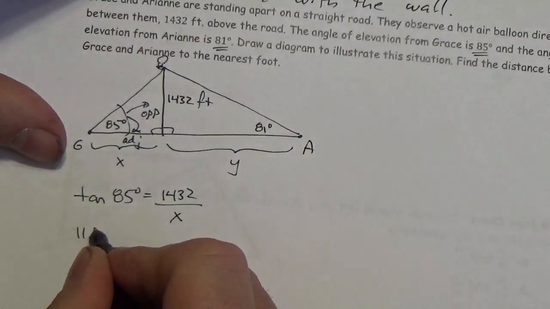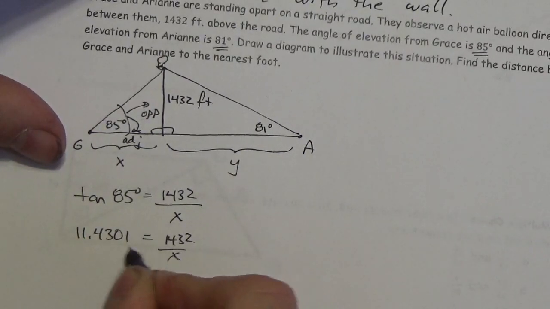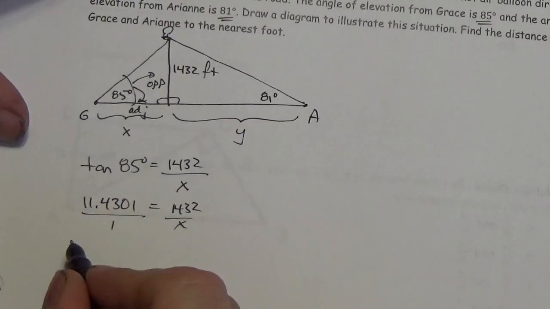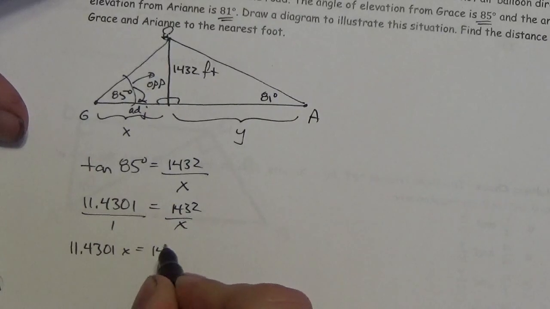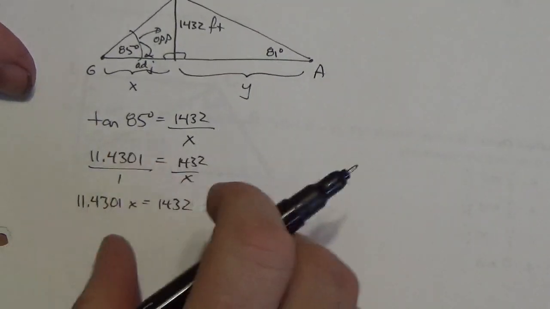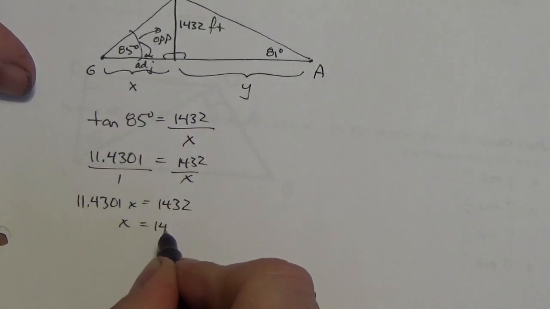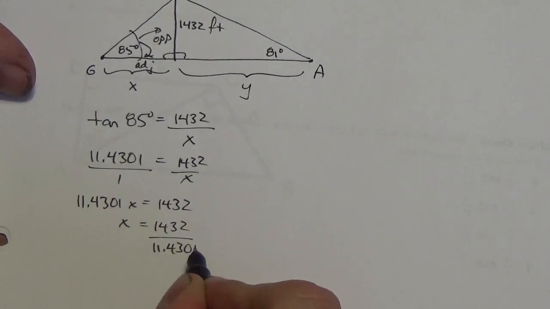11.4301. I'm going to put that over 1 so that I can cross multiply. But notice in this case that cross multiplication doesn't immediately deal with my problem. What I'm going to do here is I have to divide by the coefficient here. So I'm going to get 1432 divided by 11.4301.